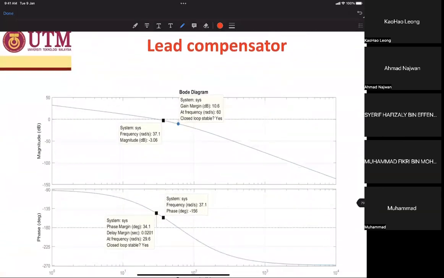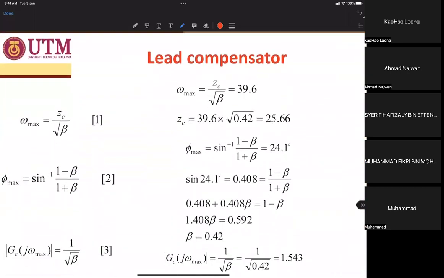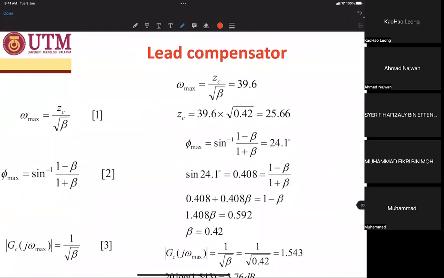So this is the simulation to confirm all the values. Sorry, so we start to calculate.